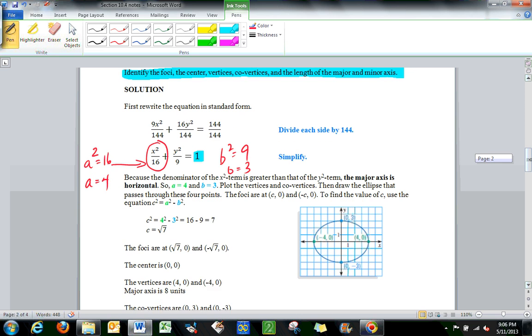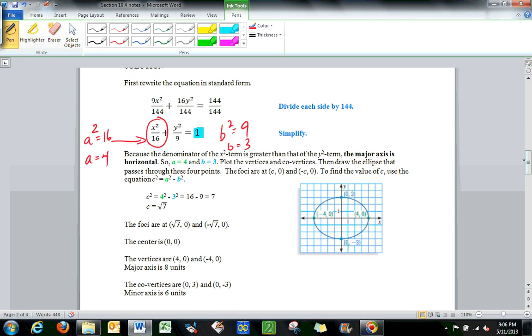So I'm going to really just focus on the vertices and the co-vertices here. Once I have a equal to 4 and b equal to 3, I also know that since there is no h and k value here, my center must be at 0, 0. And so then I can simply, from that center point, count 4 along the x-axis. And then for my minor, I can count up and down the y-axis, and I can create the points for my ellipse.